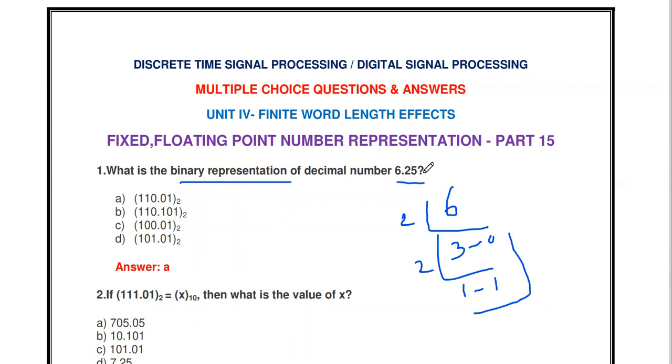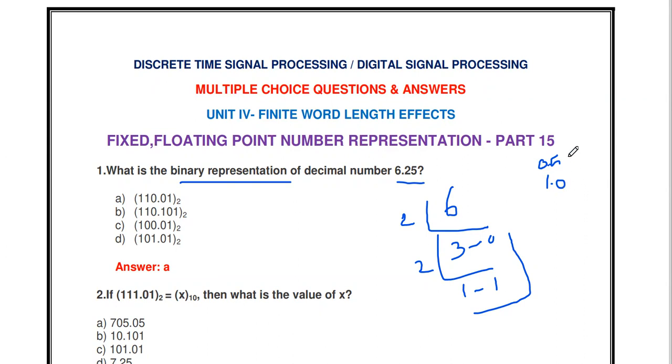Now the remaining fractional part, 0.25. We have to convert 0.25 into the corresponding binary representation. You know the method: 0.25 is multiplied by 2, and we get 0.5. Then the next step, we take the fractional part only: 0.5 multiplied again by 2, and we get 1.0. We have to do this process until the fractional part is 0.